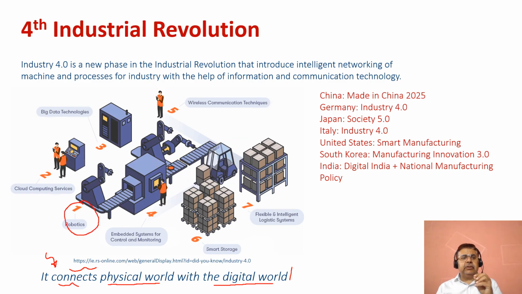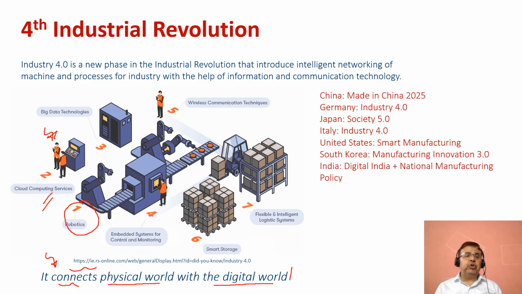So robotics is involved in the fourth industrial revolution. Now coming to the second one, where we have cloud computing. Here data from machines is stored and processed online in the cloud, so that it can be accessed from anywhere. So this is cloud computing services.